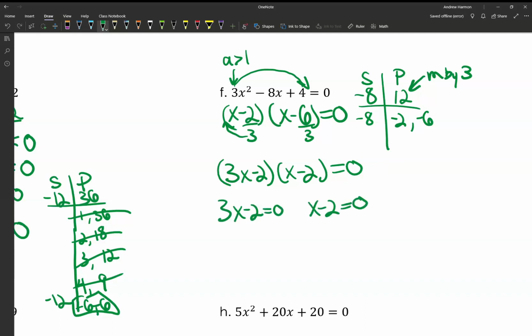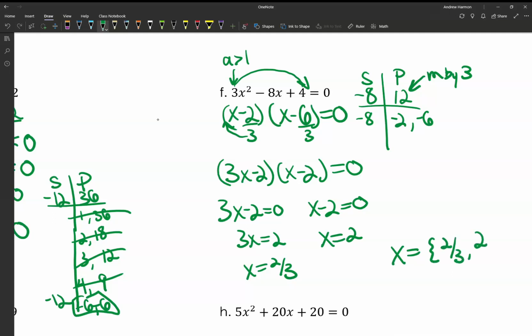And then we just solve from there. This one, add 2 to both sides, and then divide by 3. And on this one, we add 2 to both sides, and we'll get 2. So our solution set is x can be equal to 2/3 or 2. And both of those solutions would work if we substitute them back into the original equation.